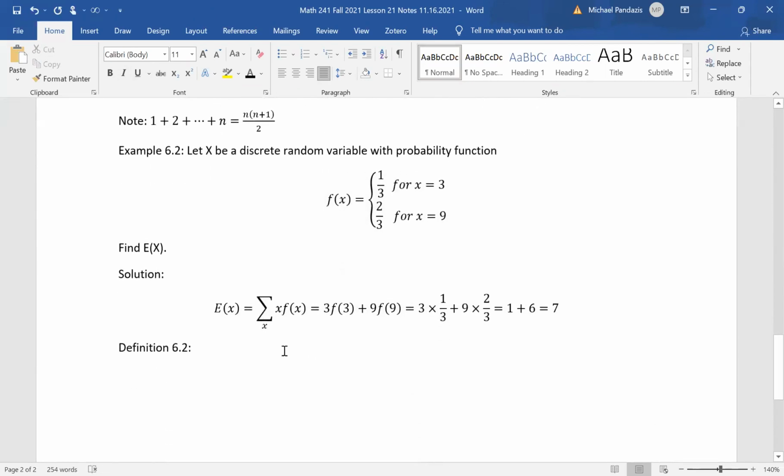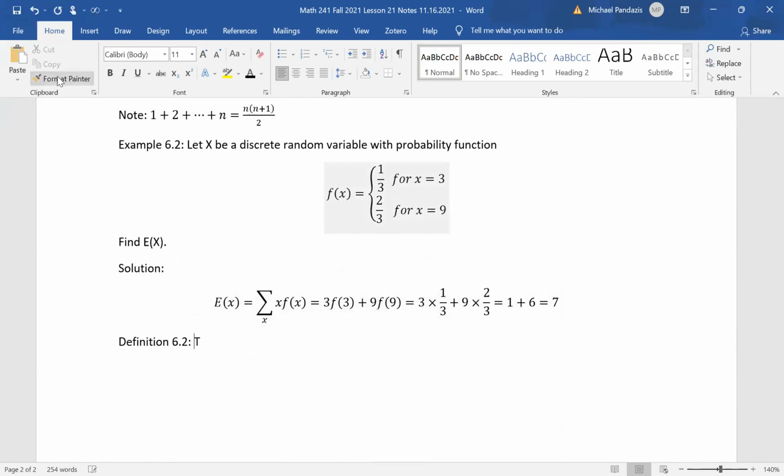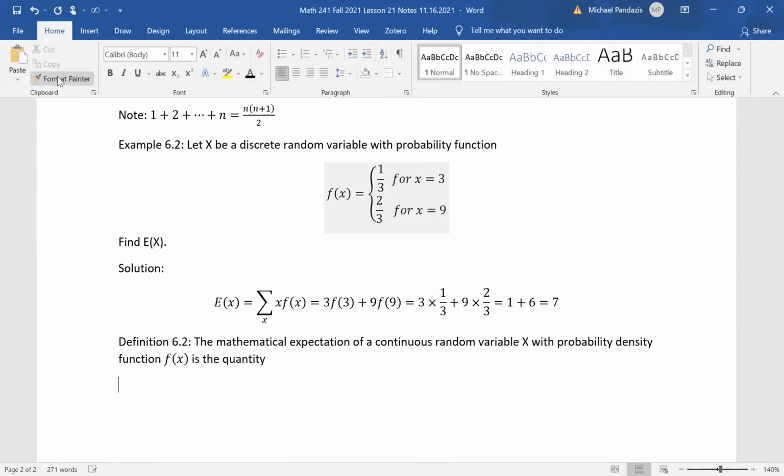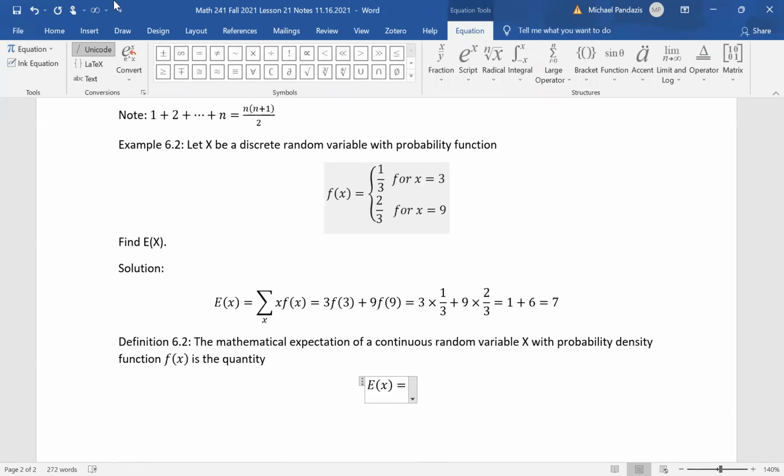Okay, so the second definition in this section, 6.2, is the mathematical expectation of a continuous random variable capital X with probability density function little f of x is the quantity E of X, which is equal to the integral from negative infinity to infinity of x f of x dx, provided the integral exists.